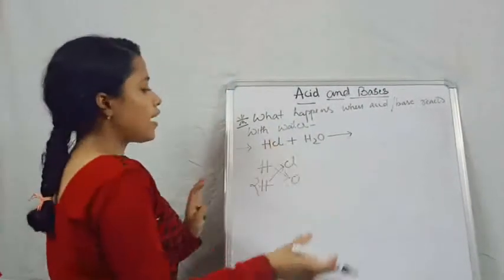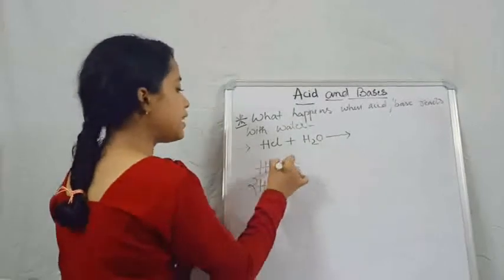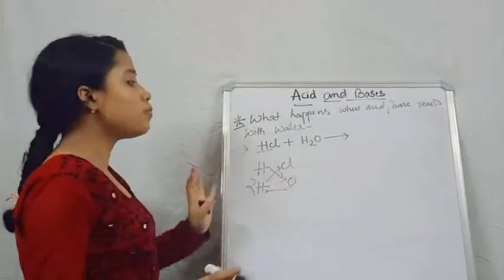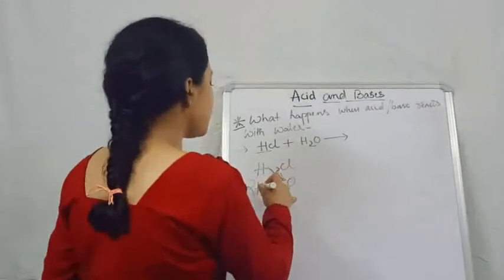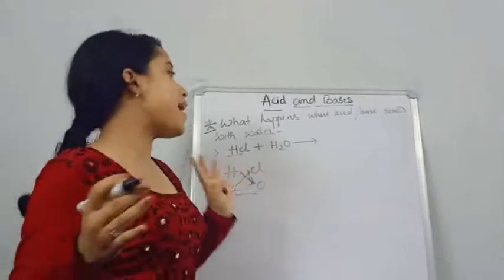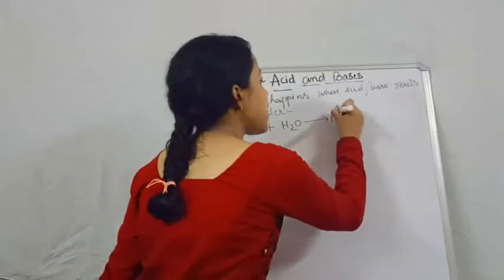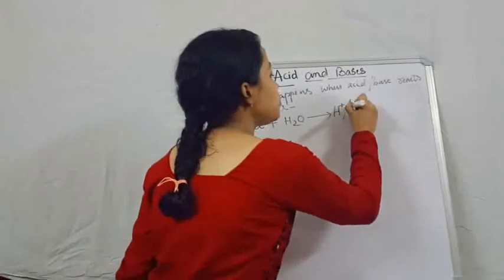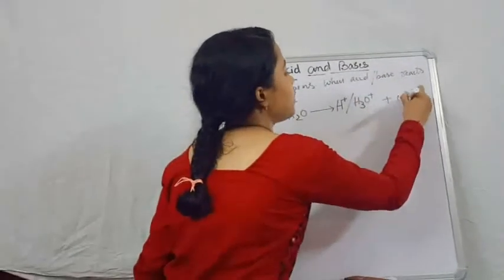So what is the factor of reacting between these two when we are getting HCl again? There is no factor of reacting again in this form because we are getting the same HCl back. So the rule is that it either stays as H plus or H3O plus ion plus Cl minus.